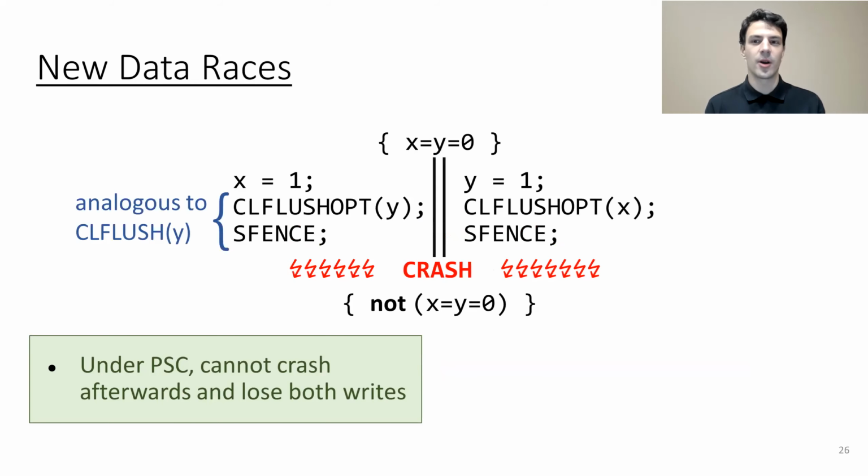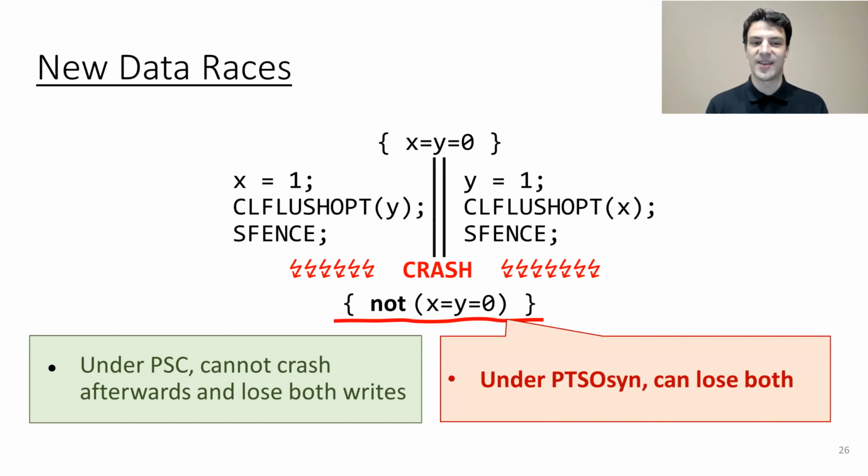Or if we consider trickier persist instructions that I haven't told you about yet, then strange behaviors can occur. So if we replace CO flush in this example with a combination of two instructions, CO flush opt followed up by a store fence, then the intention of what's happening in the example is the same. So you flush the write to y and the write to x. But now under PTSOSYN, it is possible to violate this idea that you cannot lose both writes.